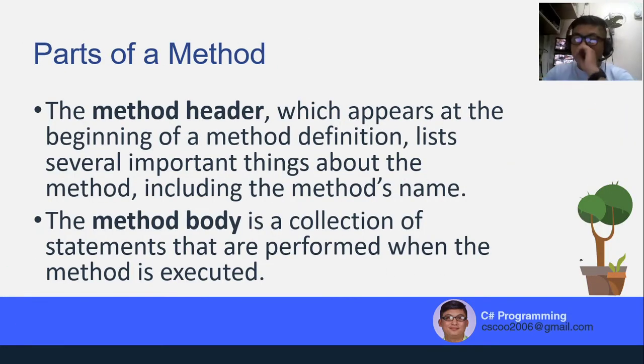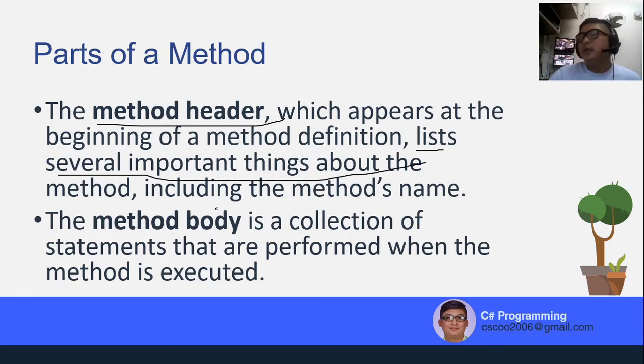Okay. So what are the parts of a method? Methods have two parts, the method header and a body. A method header, which appears at the beginning of a method definition, lists several important things about the method. So when you declare a method, it requires a header that lists what the method requires, especially the method name.